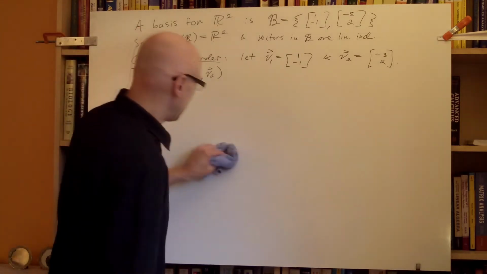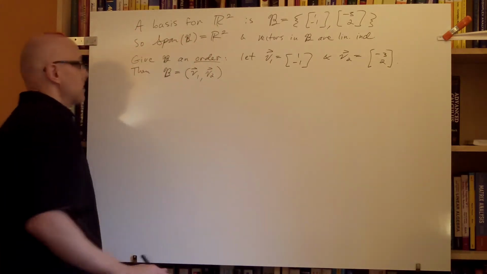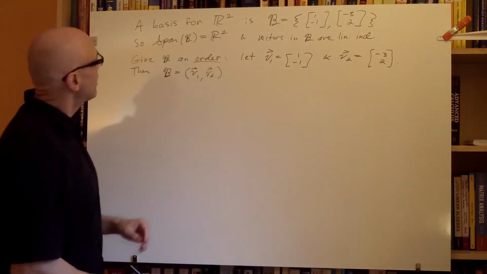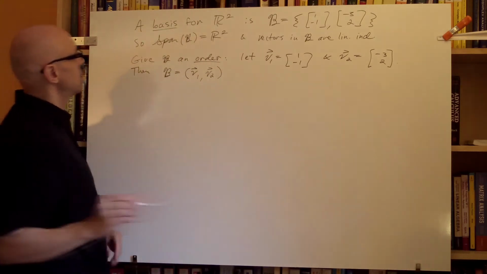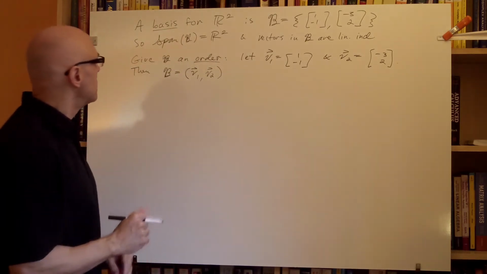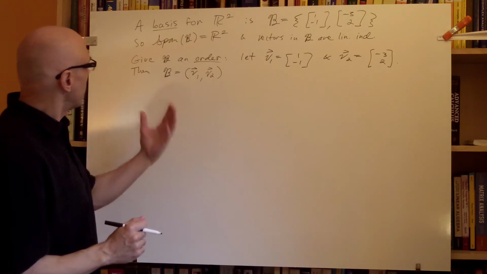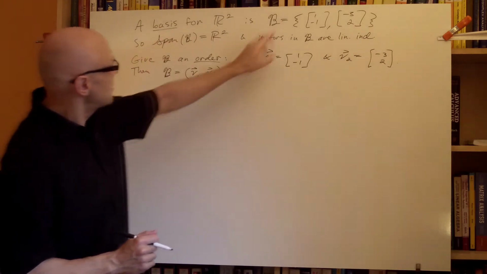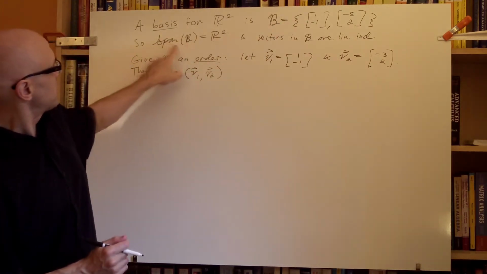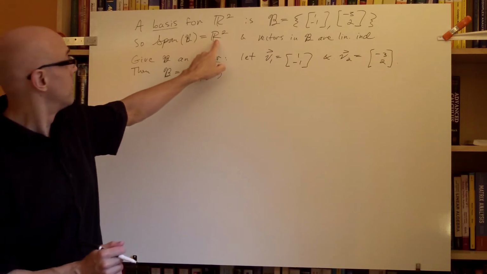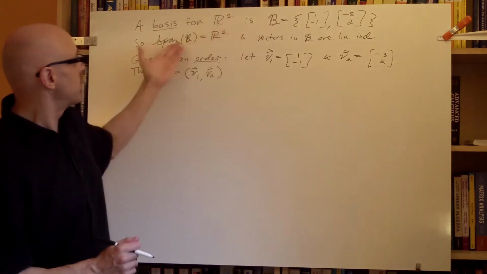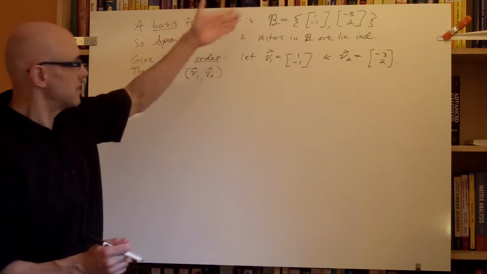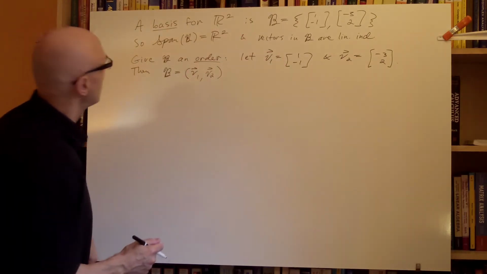There's actually something that a basis is great for. The reason why we're even talking about a basis for any vector space is because, first of all, the basis is some set that spans the space. So here B spans R2. The span of B is equal to R2, that is to say.